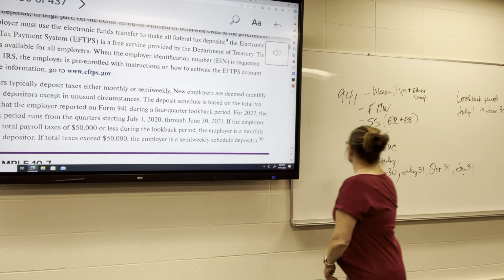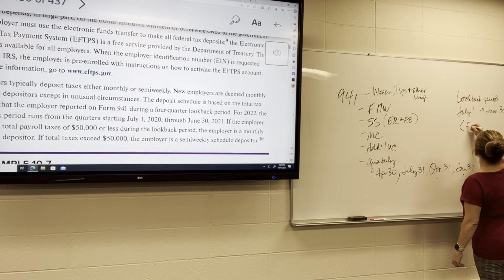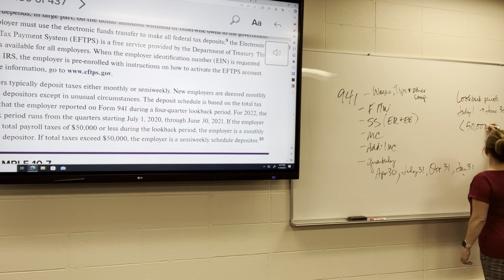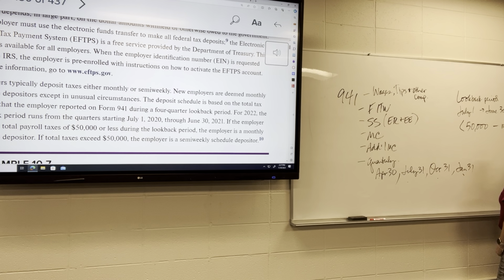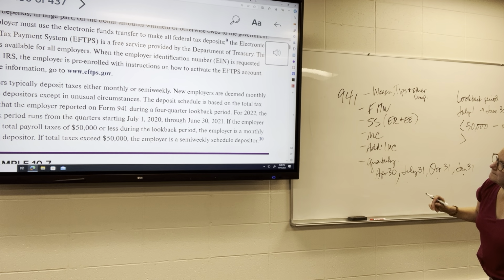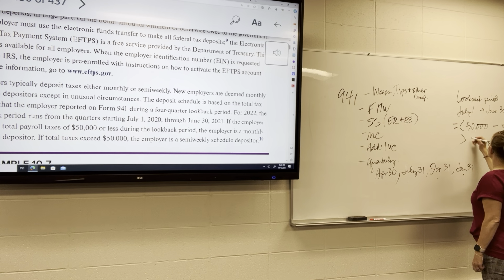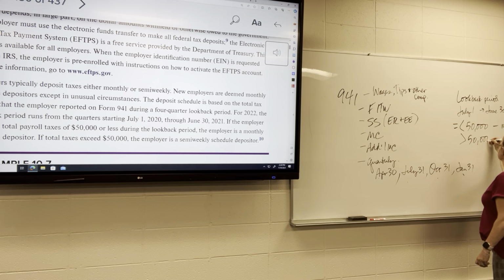So again, this look back period, if it's less than $50,000, then it's going to be monthly. Greater than 50,000, semi-weekly.